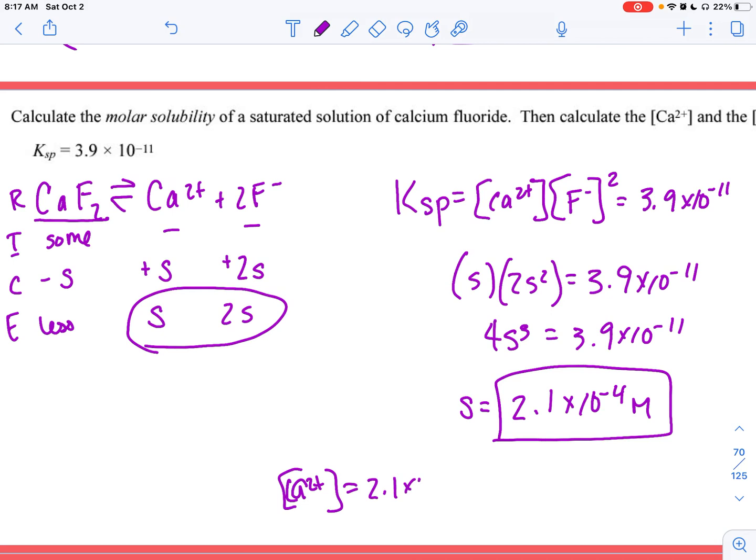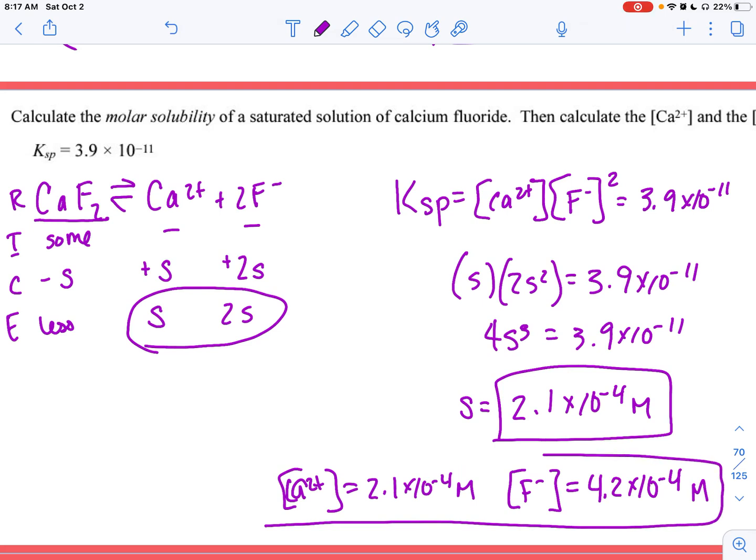So we have 2.1 times 10 to the negative 4. And then fluoride will be 2 times that. And that's it. Those are those two types of problems.